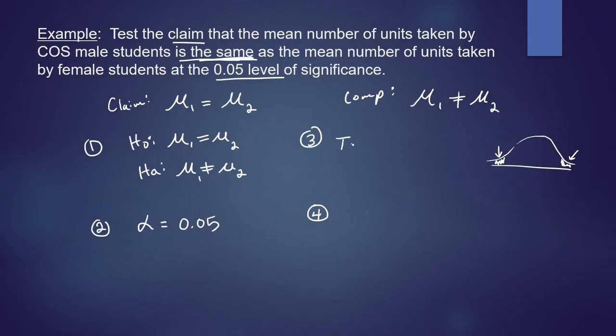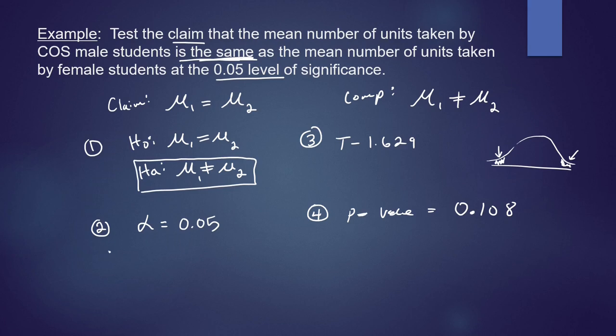Our t-stat is 1.629 and our p-value is equivalent to 0.108. Now remember, the computer did the doubling for us, so we don't have to double the p-value. In step 5, we're going to state our conclusion.